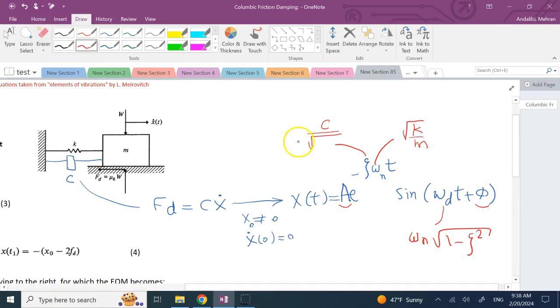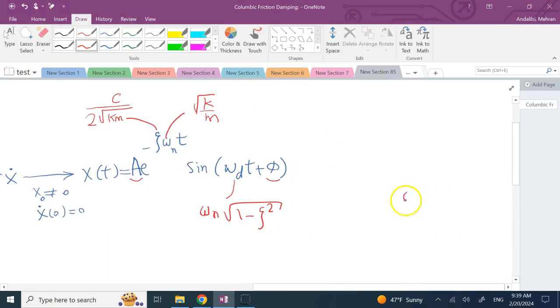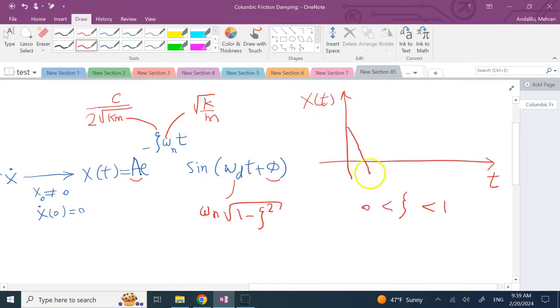Okay, and if this zeta here is between 0 and 1, which we call underdamped, you have seen the response here, x of t versus t. So it starts from the initial condition and then it goes like this.